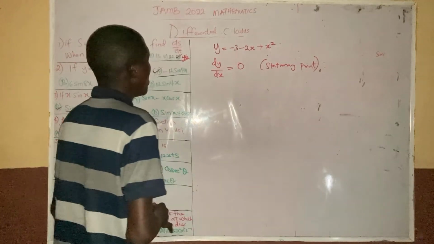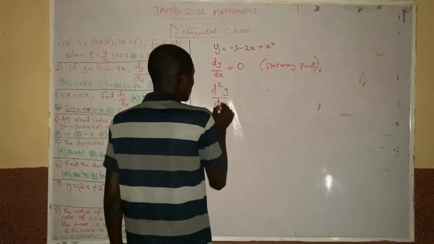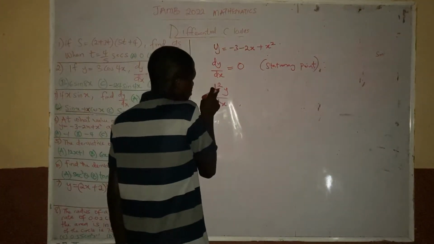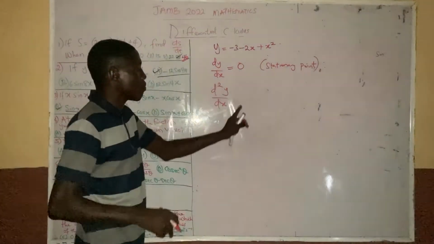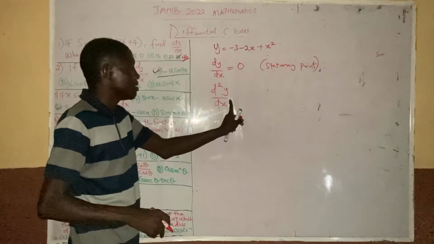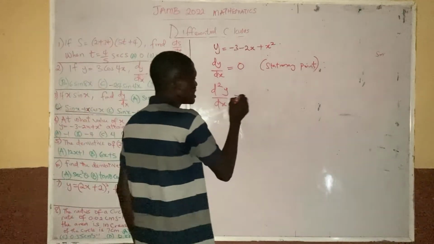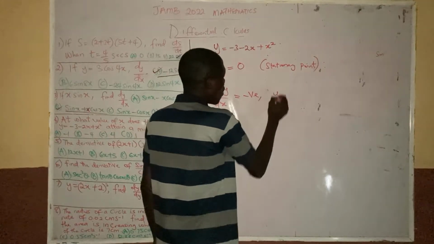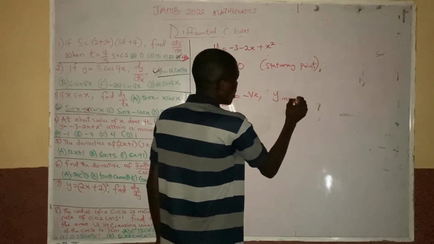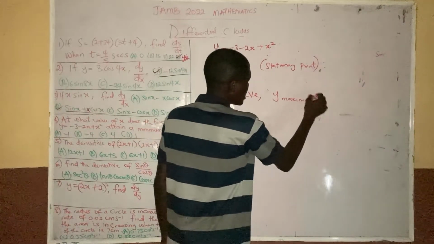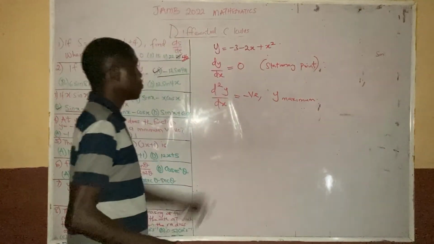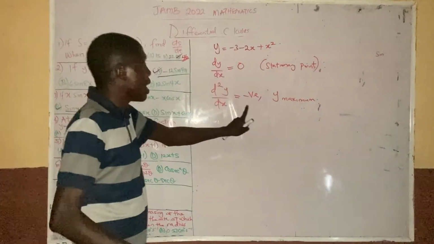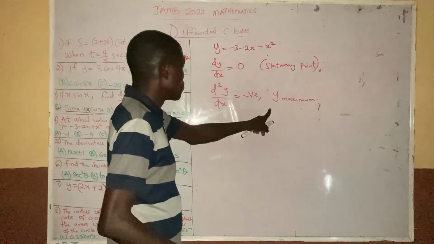Then you find the second derivative. When you insert the stationary point into that second derivative and you obtain a negative number, then we say y is a maximum at that point. When the second derivative is negative at the point, y is maximum.